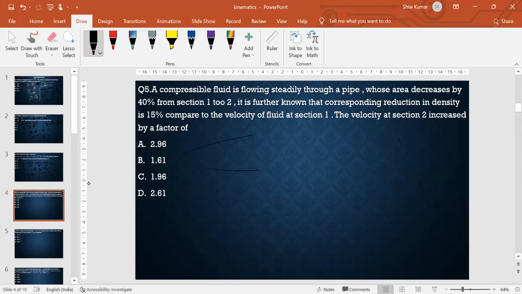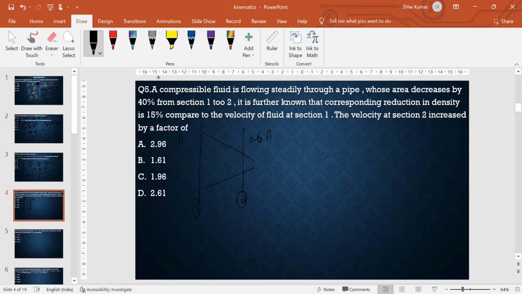So it's a compressible flow, and the area is decreasing, meaning I should make a different diagram. This is section 1, this is my section 2. If we consider the area as A, then with a 40% decrease it means 0.6, so 60% of the area remains at section 2.